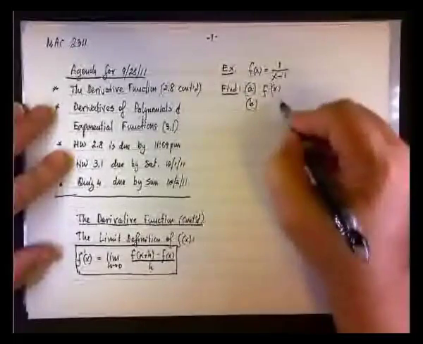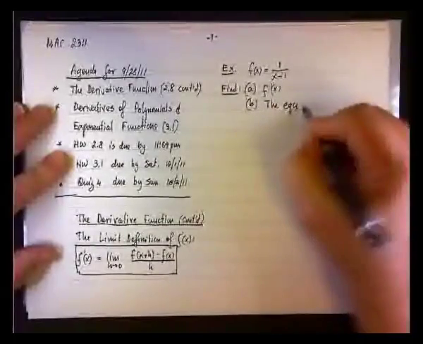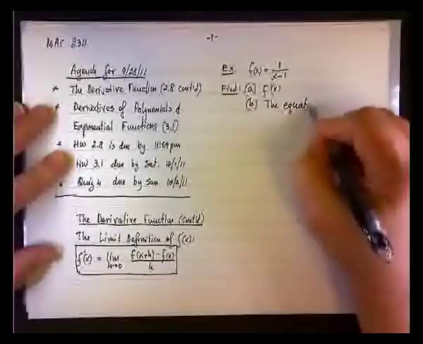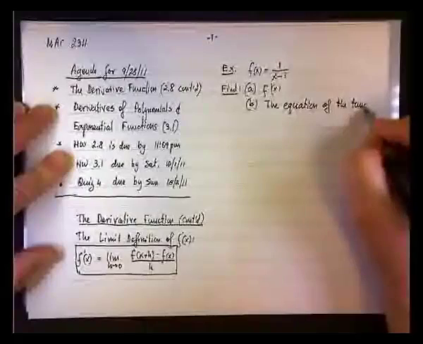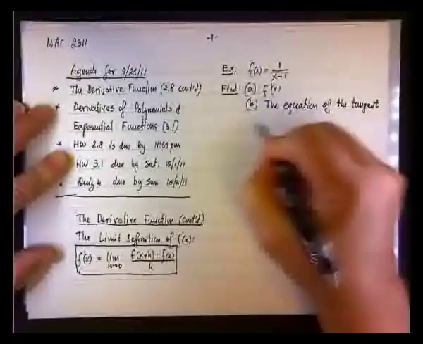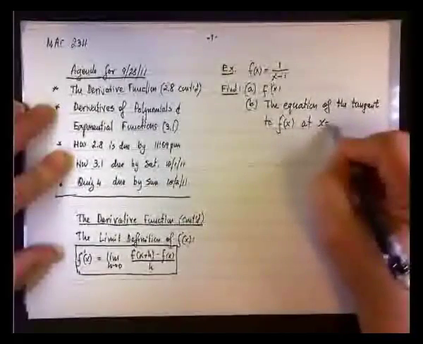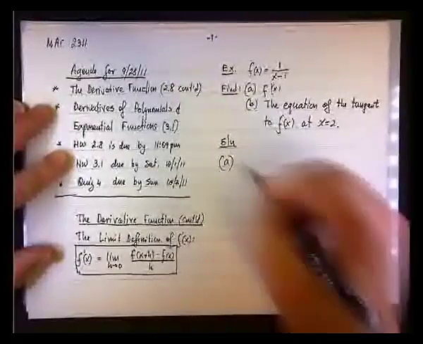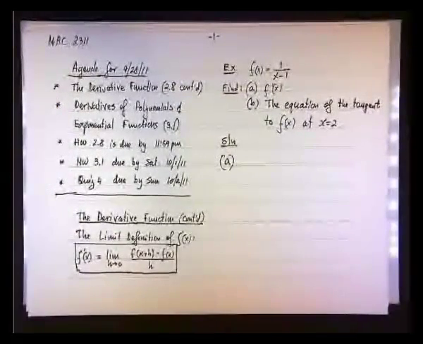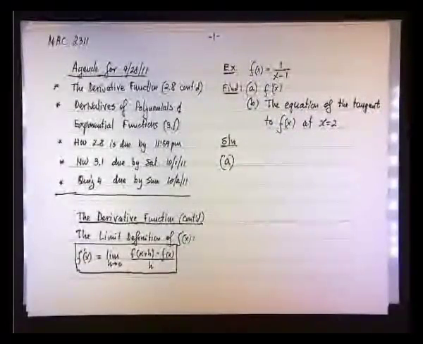And the second one is the equation of the tangent at x equal to 2. So two things.